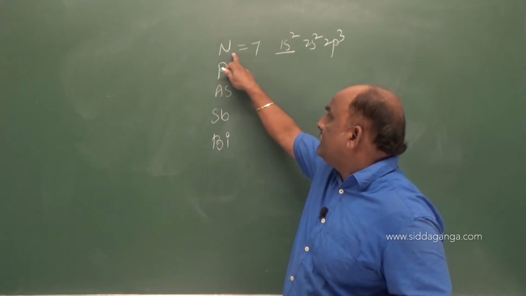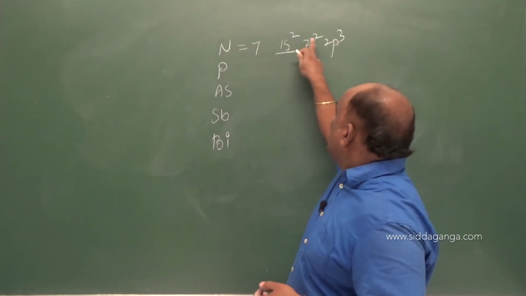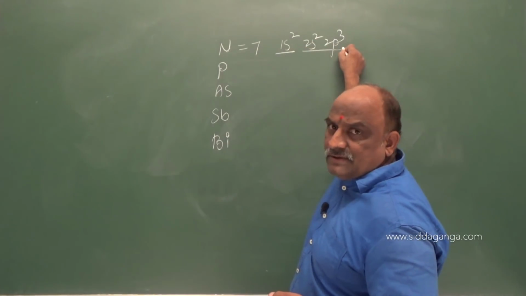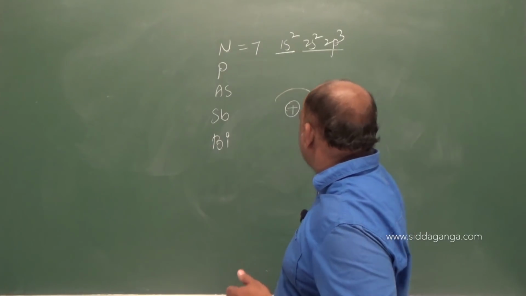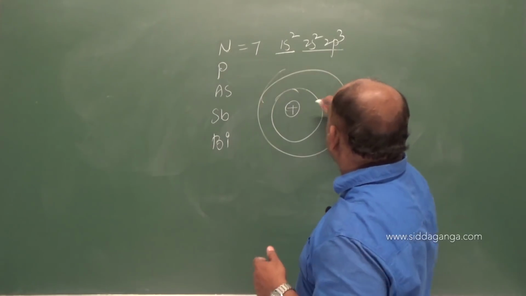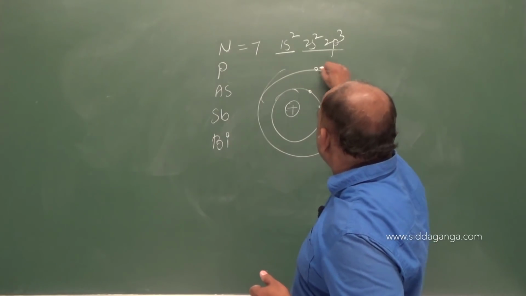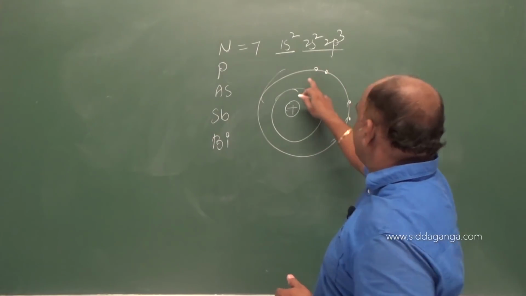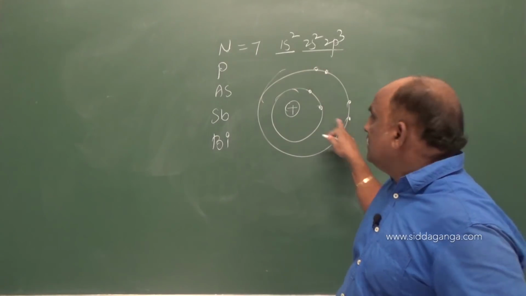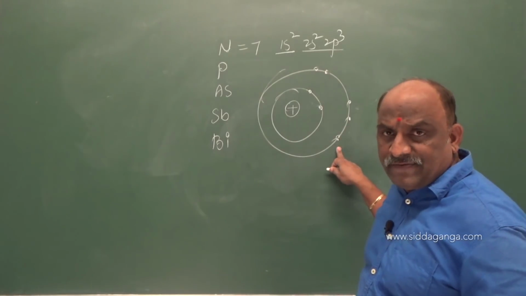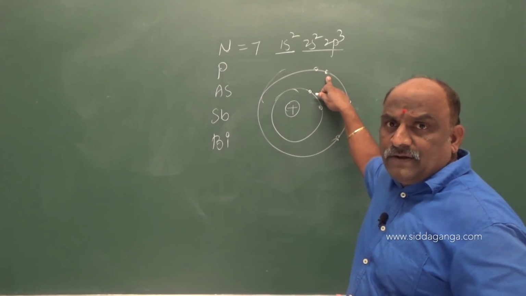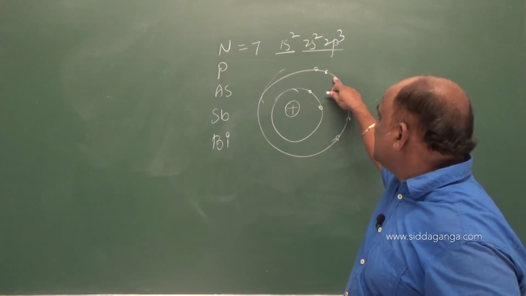Nitrogen has only 5 electrons in the outermost shell. Let us consider its electronic configuration: 1s2, 2s2, 2p3. 2 electrons are in the 1s orbital and 5 electrons in the second shell, so 7 electrons in total.